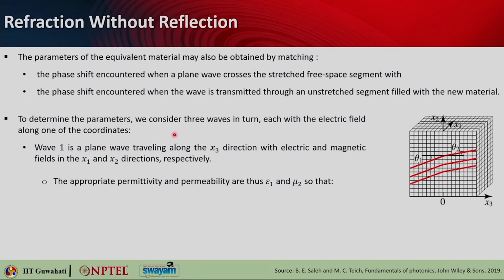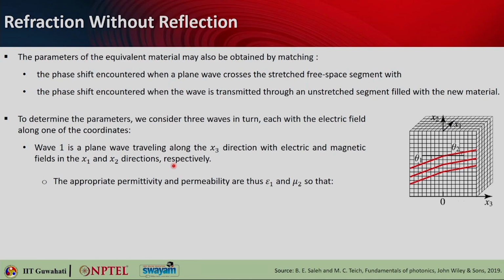Okay. So, to determine the parameters, we consider 3 waves in turn, each with the electric field along one of the coordinates. Okay. So, let us consider one wave, that is wave 1. Wave 1 is a plane wave travelling along the x3 direction, with electric and magnetic fields along x1 and x2 directions respectively.